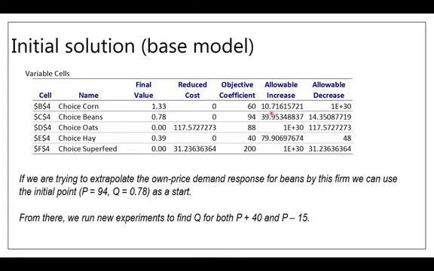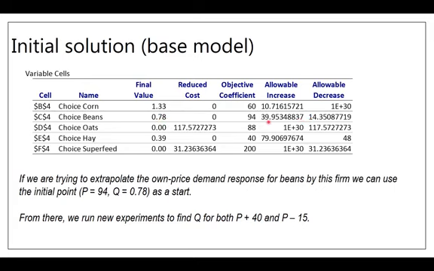And it turns out we're given the next step, right? So we know that this solution here doesn't change until you either go bean price approximately 40 larger or approximately 15 smaller. Okay, so these are the allowable increase and decrease that say if this value, this objective coefficient, goes up by more than this or falls by more than this, then this solution value will change.